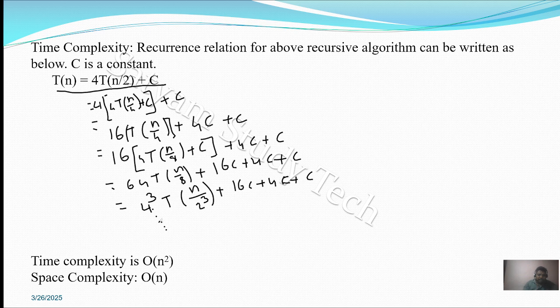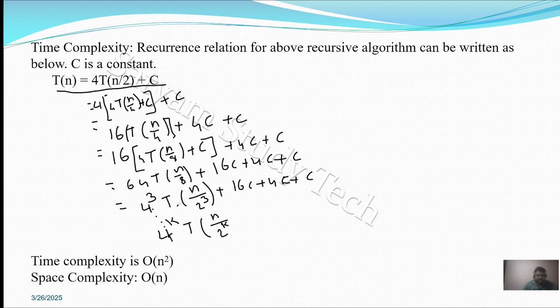Recursively we can apply the same thing here. In k steps, you can write 4 power k T(n by 2 power k).